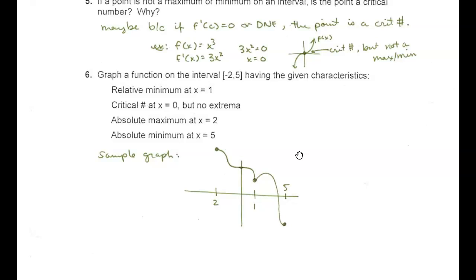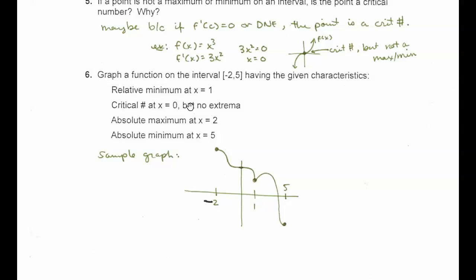Number 6, your graph could look different from my graph. The only things that have to match on all of our graphs is that our interval goes from -2 to 5. Sorry, I missed that. And that we have these kind of tidbits of info.